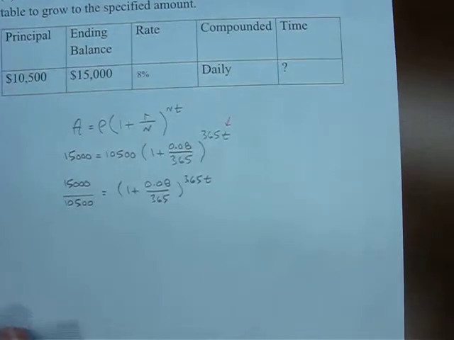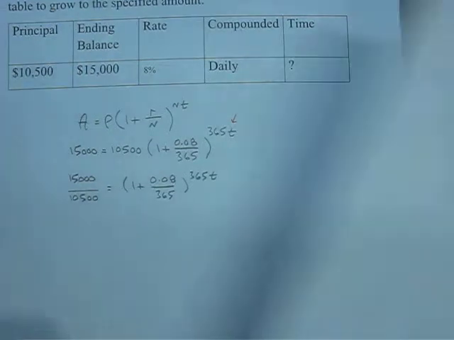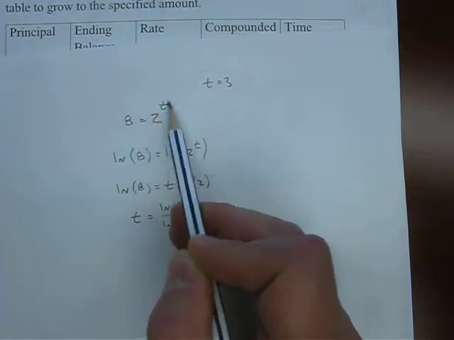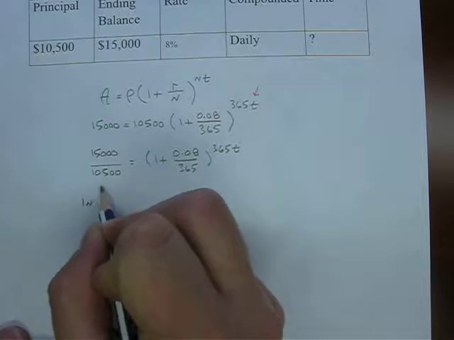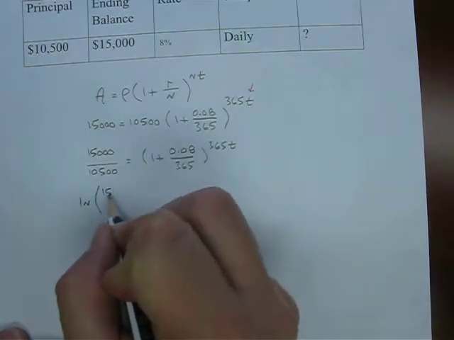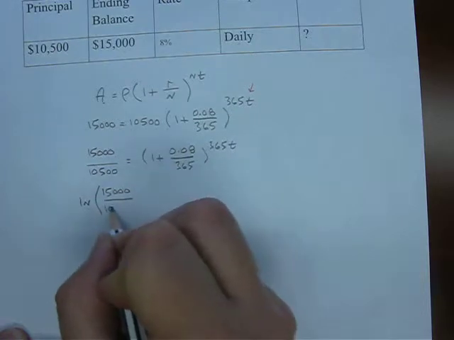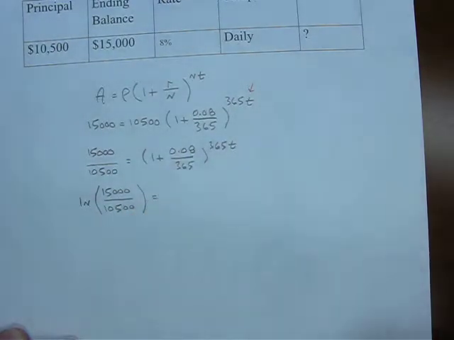All right. My next thing, I will do what I did here. I got a number equals to another number to the t power. I want to solve for the t. So I'll do this. Natural logarithm 15,000 over 10,500 equals 2.